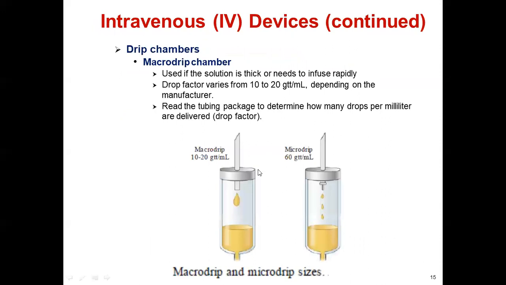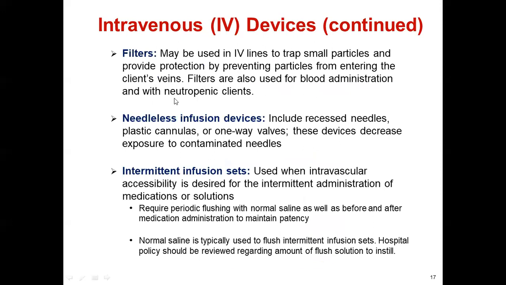Sometimes we use a filter in this area here. A filter may be used in the IV line to trap small particles and provide protection by preventing particles from entering the circulation through the vein. Filters are also used for blood administration with a neutropenic client. So, neutropenia.